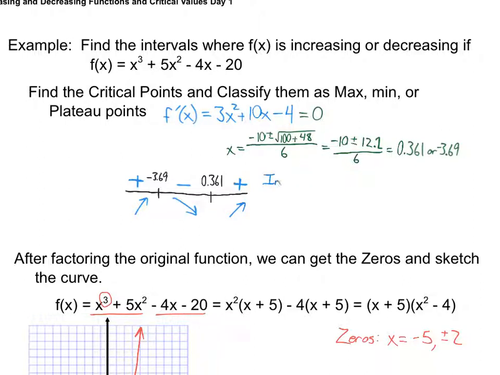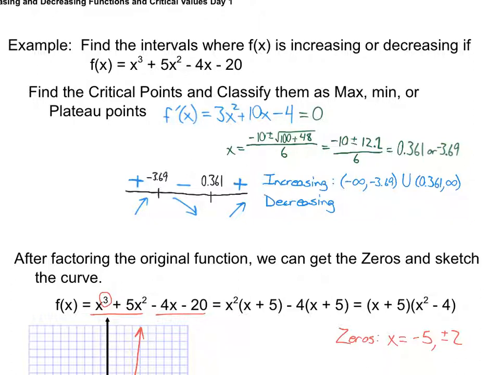Please don't forget to answer the question. Just showing a sign diagram is not giving the intervals. Okay? We are increasing on the intervals from negative infinity up to negative 3.69, and from 0.361 up to positive infinity.